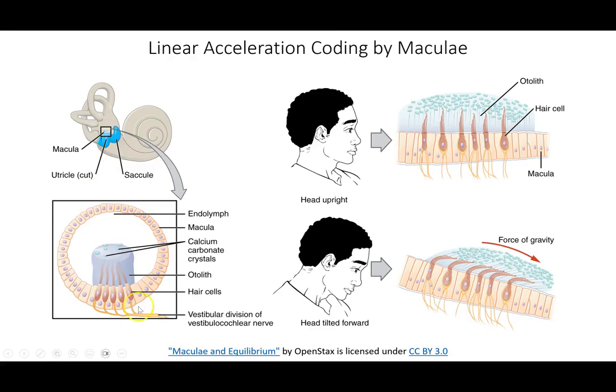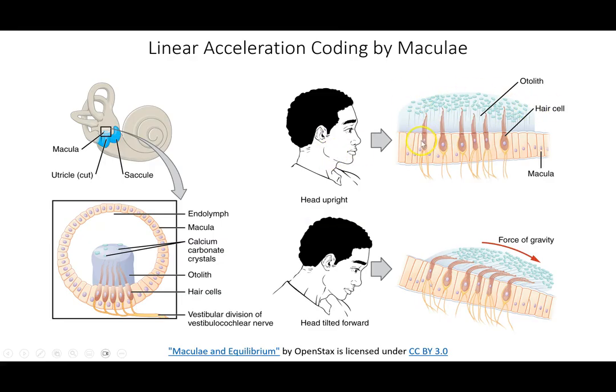So here's a zoomed in view of the top of the macula. Again, we have endolymph in here. Here are those cells of the macula. We've got hair cells down here at the bottom, going up into that otolithic membrane with some calcium carbonate crystals on top of it. If the head's upright, here are those hair cells again with that otolith and all of the calcium crystals up there.